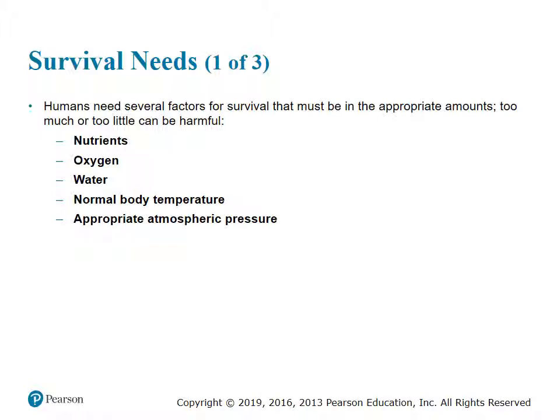Here is the list of needs that are crucial for survival. If we don't get these in some form or fashion, and it depends on how long, then bad things happen. We start to lose organ function. Those organs will fail, systems will fail, and then the organism will fail, which means the organism will die, right?